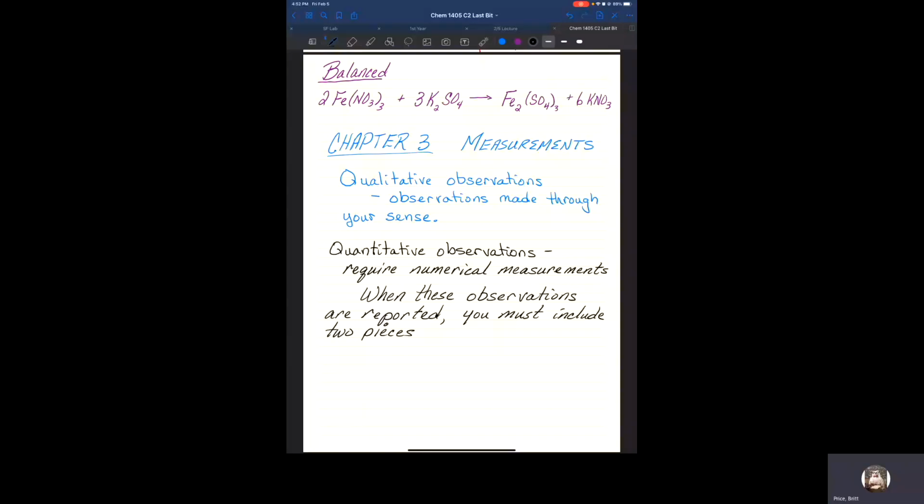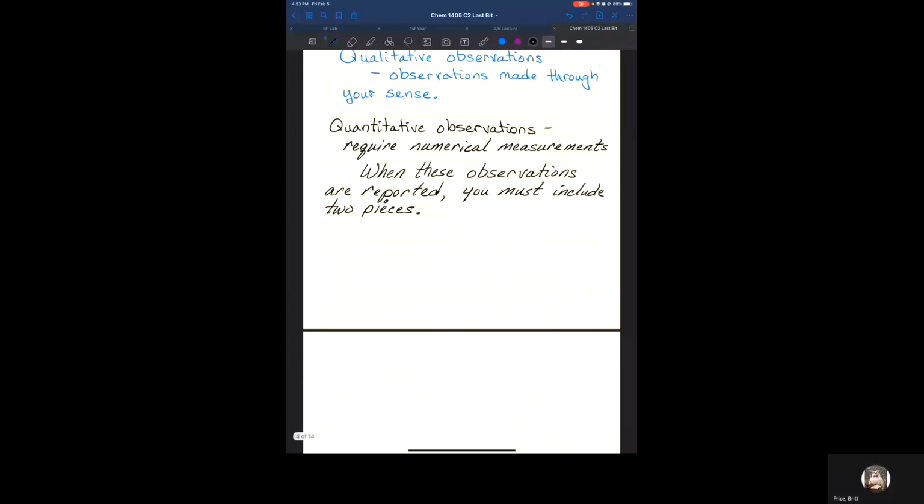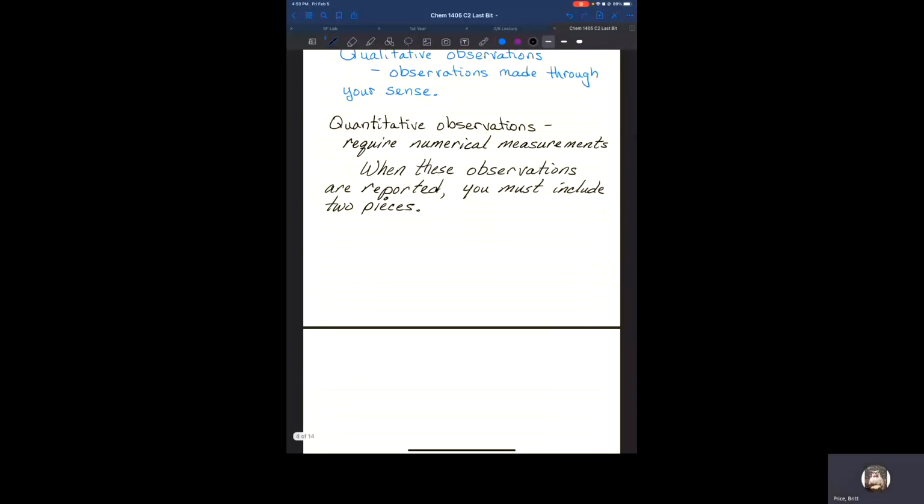All right, so got to have two pieces. Piece number one, you have to have the number, the magnitude, if you'd like. How big? How small? How much?